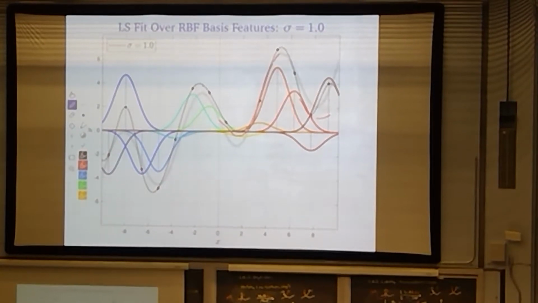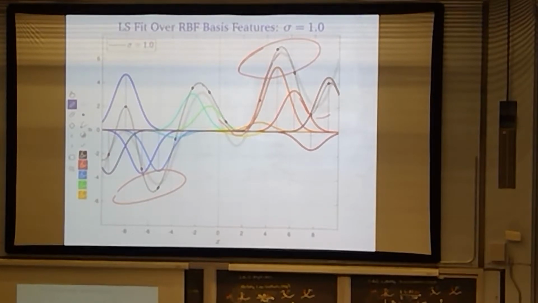And if you focus on the dotted line, you can see that in the negative zone here and in the positive zone, even though each individual basis function is a bump, piecing all of them together, you can still grasp this. Gradually it's sloping up.